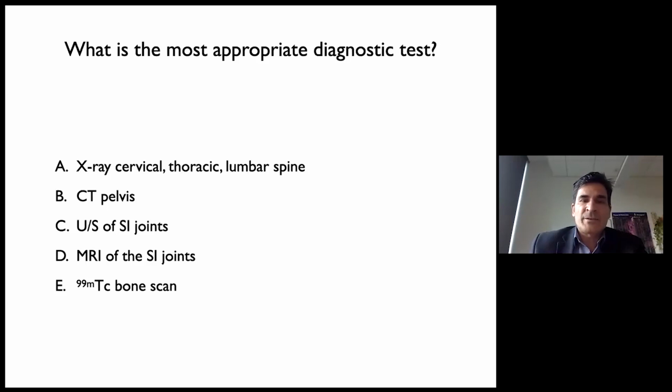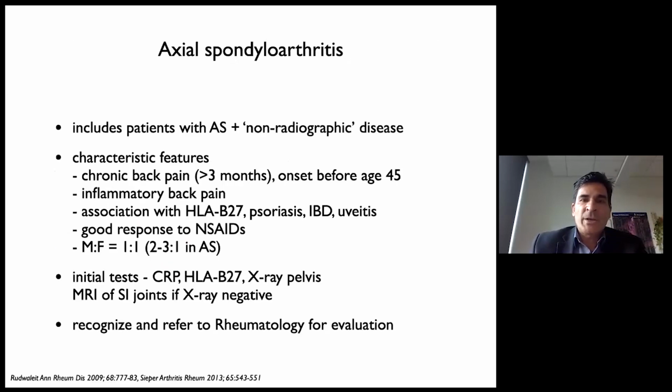And the correct answer is D, an MRI of the SI joints. This patient presents with chronic back pain and features of inflammatory back pain.